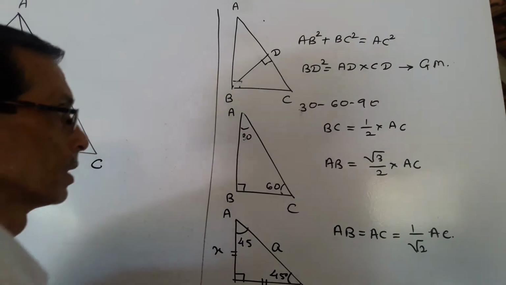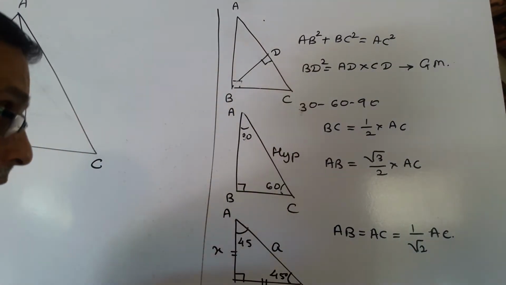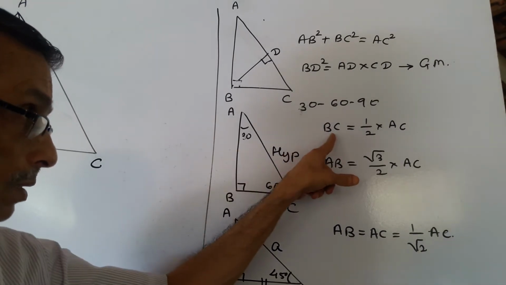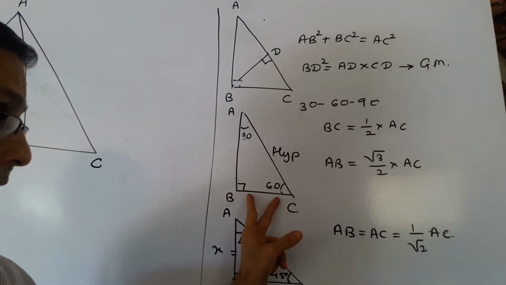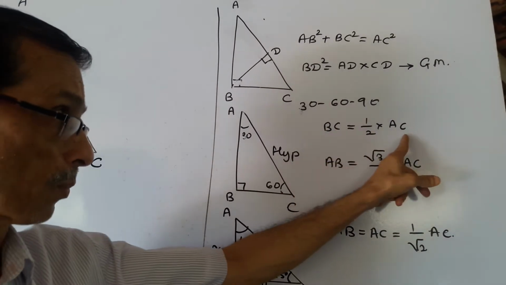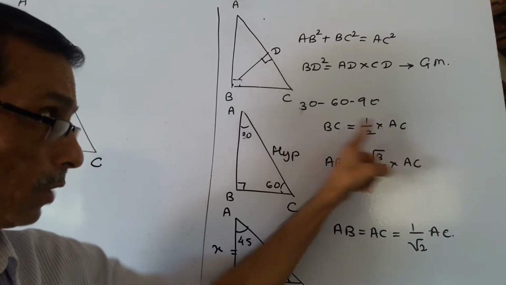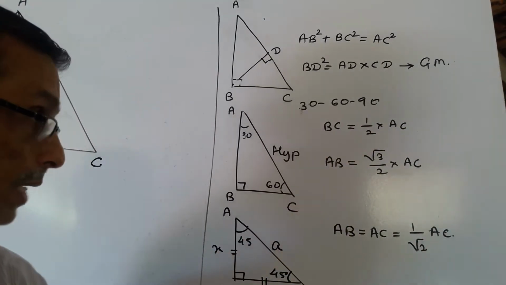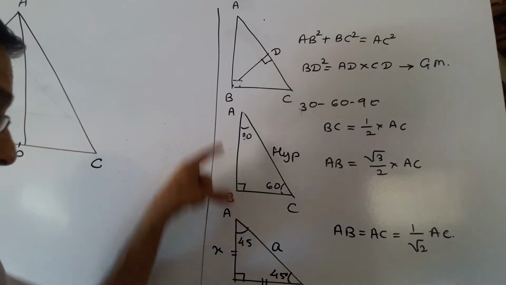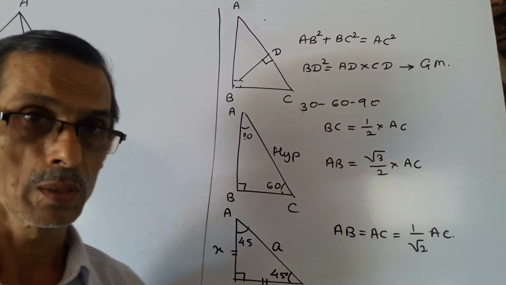So whatever be the side opposite to 30 degree in right angle triangle, you have to write that side on one side and half of the hypotenuse on the other side. So here are two variables. Of these two variables, one will be given, the other you have to find out. Similarly, side opposite to 60 degree is root 3 upon 2 times the hypotenuse.